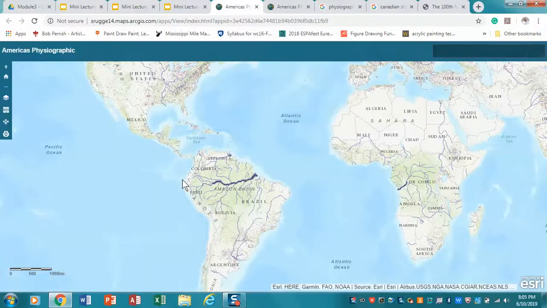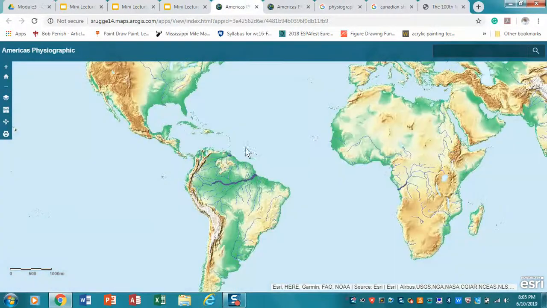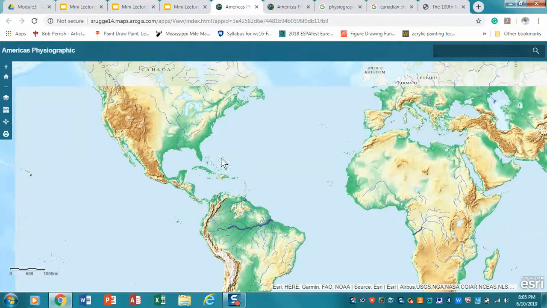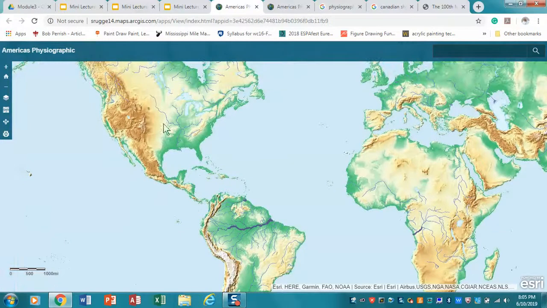Okay. Next, let's take a look at these hydrographic regions. So when we look at hydrography in the Americas, a couple things that I want to point out. The easy ones, you'll notice again the Mississippi River drainage essentially occupies all of the middle of North America and drains areas as far north as Canada all the way down to the Gulf of Mexico.